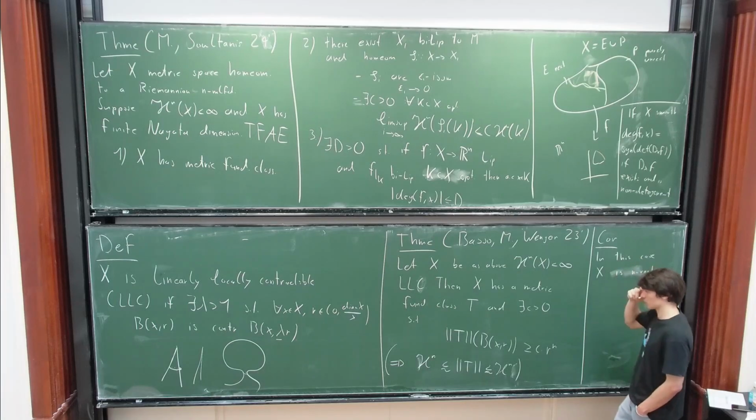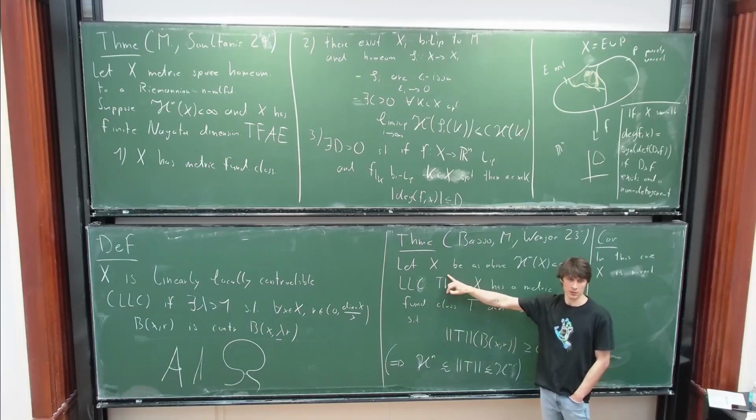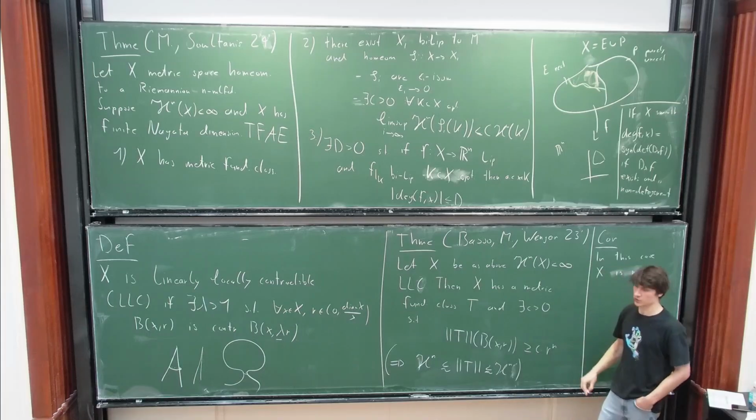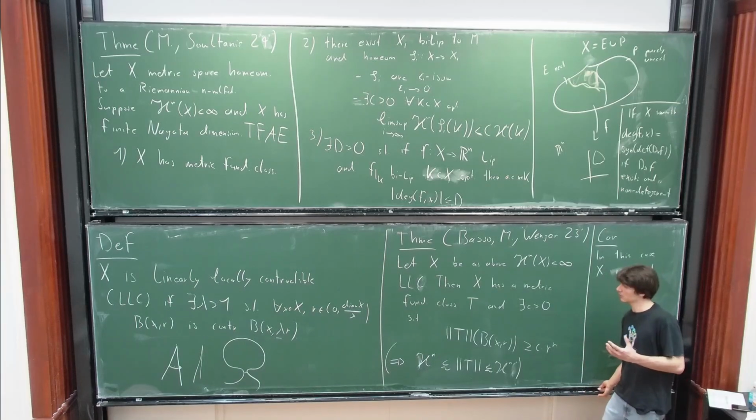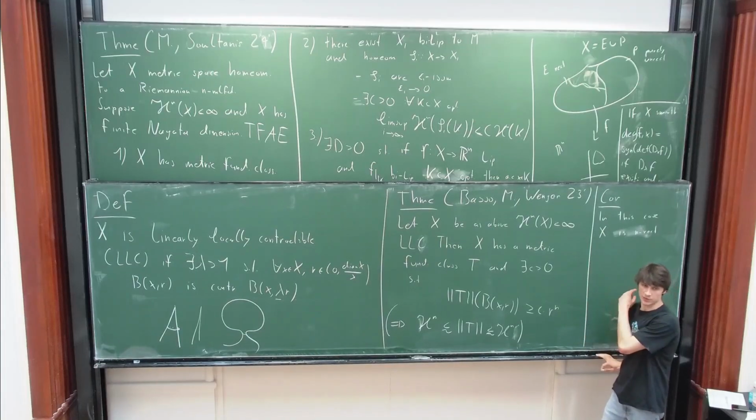You have to be a bit careful, because it's possible that there exists an integral current like this, or metric fundamental class, without X being rectifiable. It has to be a rectifiable subset, but the whole space does not have to be rectifiable. But this condition here tells you that in this case it has to be rectifiable.